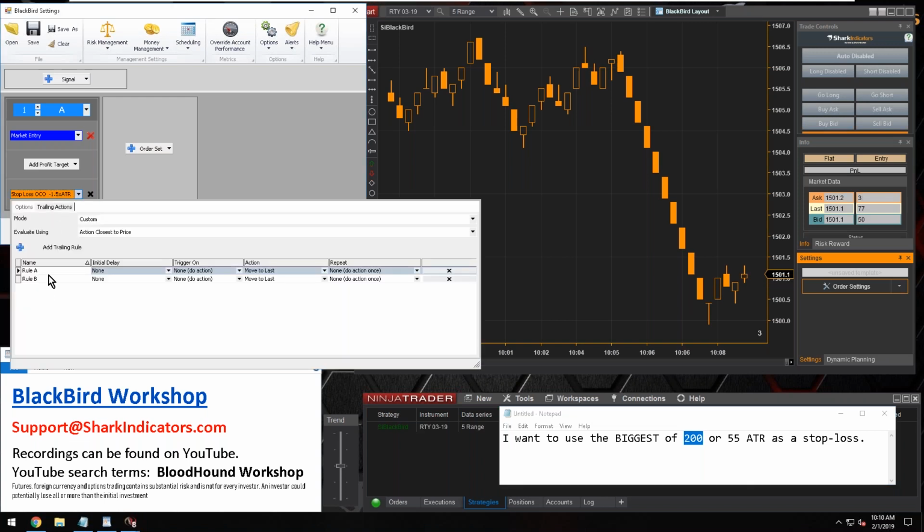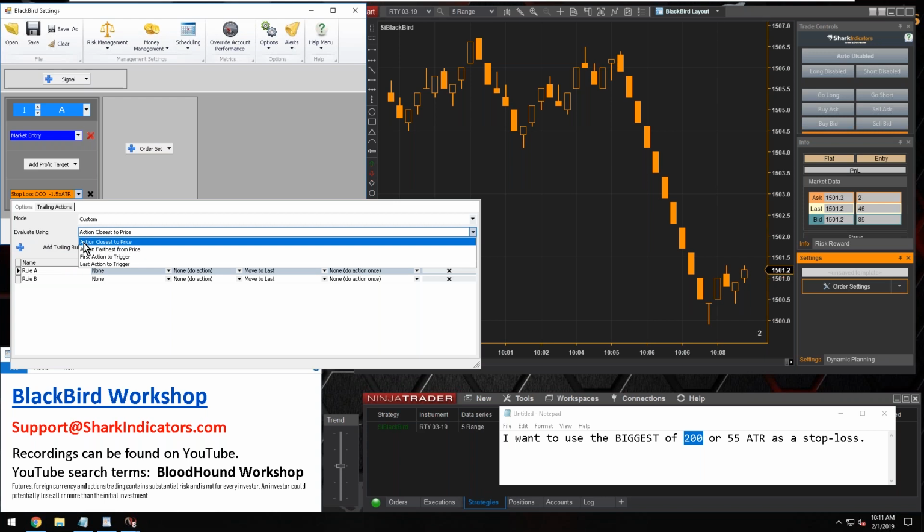And then which trailing rule is actually used by BlackBird is determined by the evaluation mode here. We can see typically it's whichever action will bring the stop loss closest to the market price. And what's the action here?